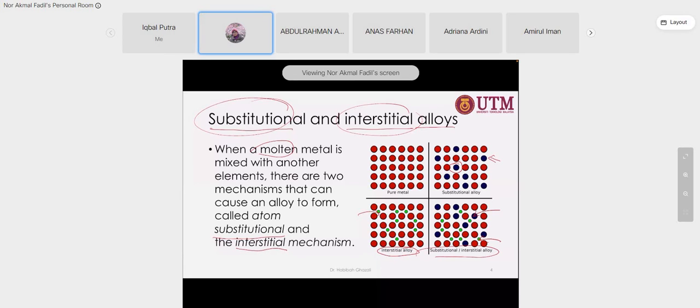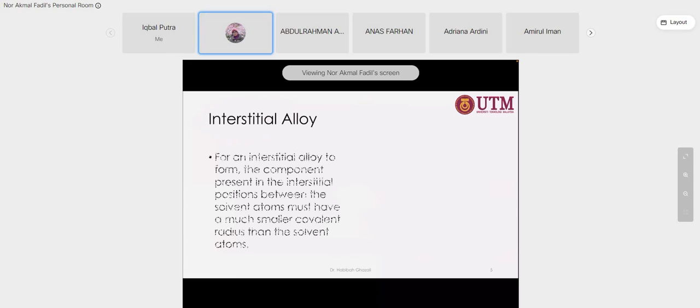Okay, so now we are coming to making an alloy. When we talk about an interstitial alloy, for this kind of alloy, the component present in the interstitial position between the solvent atoms must be much smaller. We have discussed this in the last topic.